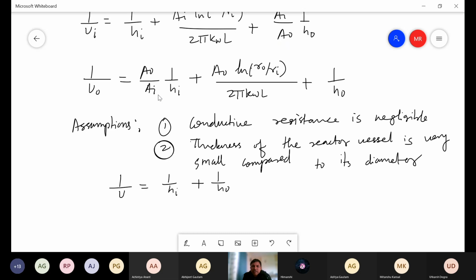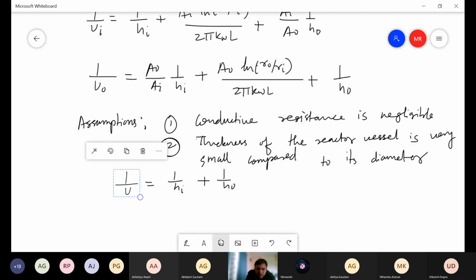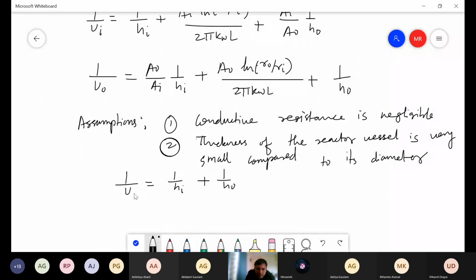So we can simplify both these equations as 1 by Ui or 1 by Uo, both are the same as 1 by U. Do you all agree? Yes or no? Yes, sir.